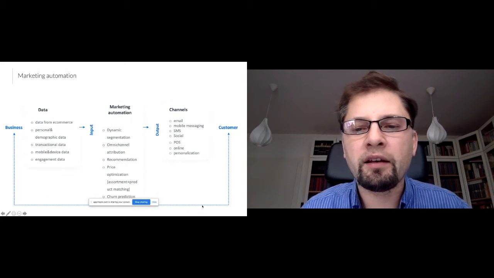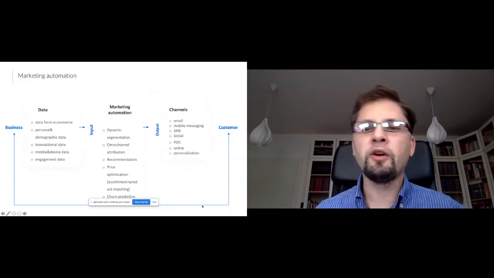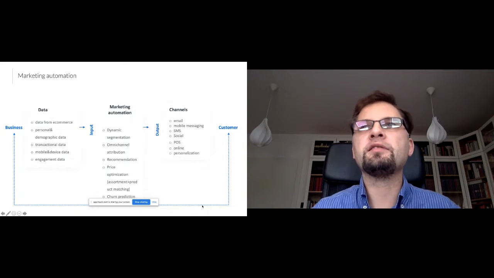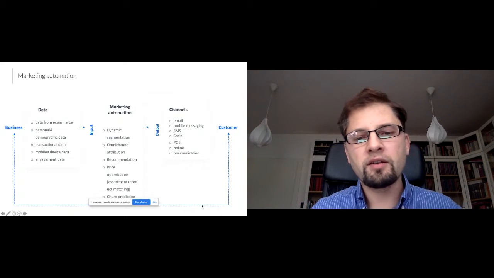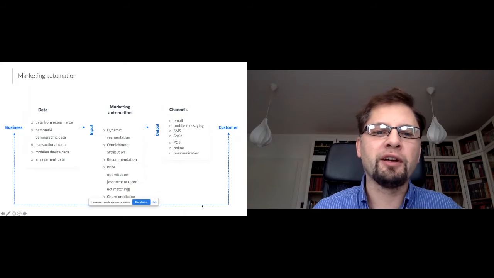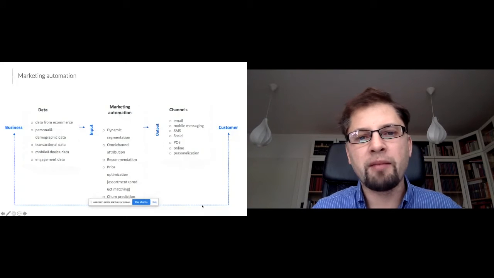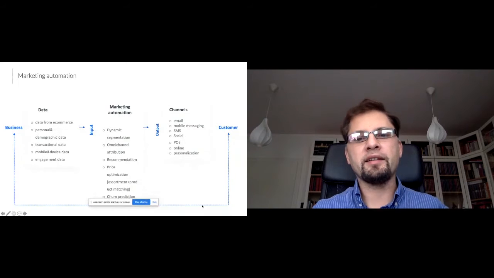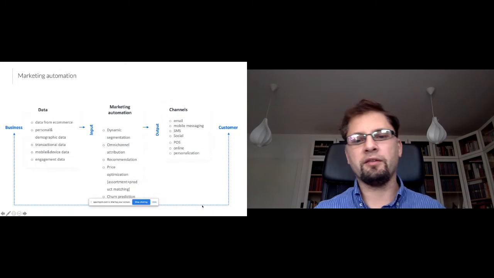And it's not only about deciding which channel to choose, but also what should be the content, and also when to direct this message. So there are a lot of ifs and a lot of things coming into the system to decide the optimal decision based on the available data.